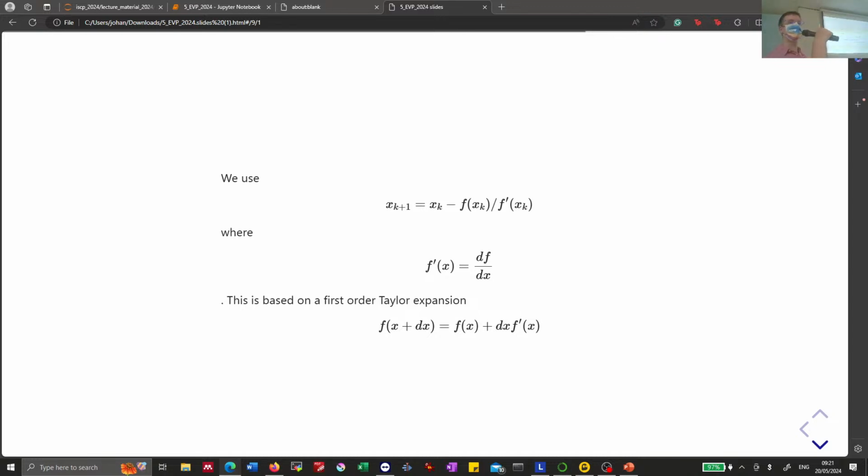So how do we know that this is useful? Well, it comes from the definition of the derivative given here, f prime of x equals df over dx. You know this from high school. And the Taylor expansion where f of x plus dx, that reads, we are at a location x, and now we look at a very, very small change next to x.